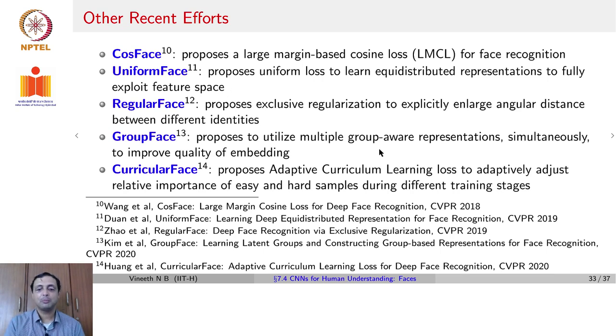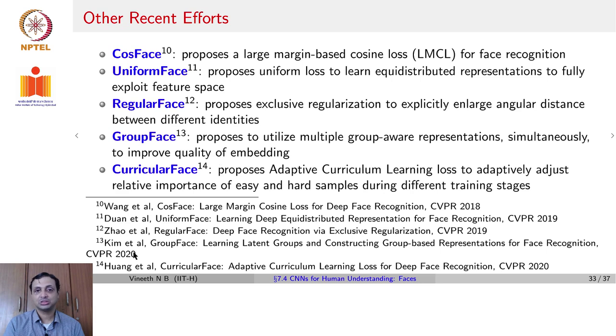UniformFace, proposed in 2019, proposes a uniform loss to learn equidistributed representations so that you exploit the full feature space rather than focus on one ball around the origin. RegularFace, proposed in 2019 again, proposes an exclusive regularization to explicitly enlarge angular distance between different entities.